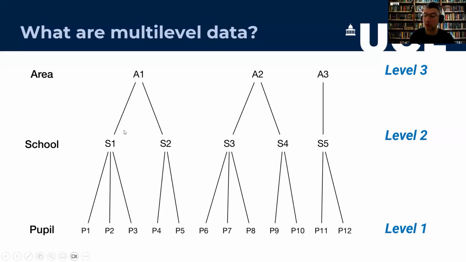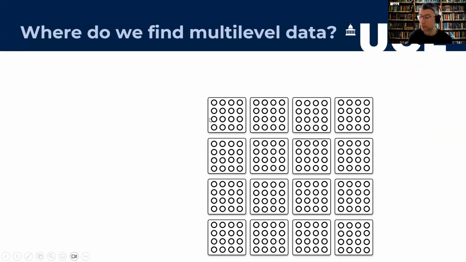And at the same time, one can imagine that maybe also the schools themselves, if they are in different areas, might also share characteristics that make these schools, for instance, more similar than schools 3 and 4. So when we have this structure of the data, we call this multi-level or hierarchical data sets.